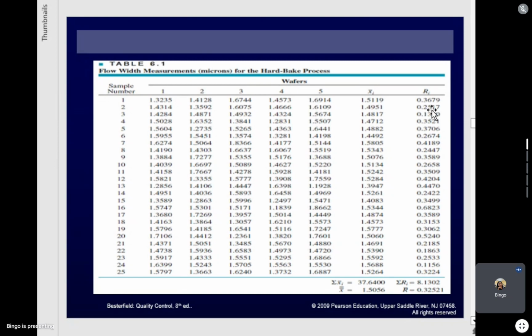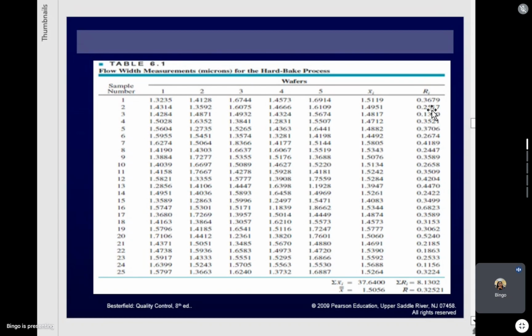Okay, divide 5. Ay, kabayo. 1.3235 plus 1.4128 plus 1.6744 plus 1.4573 plus 1.6914. Okay, balik natin sa 5. So, naka-round up na siya sa 4 decimal. So, ang nakuha natin is 1.51188.